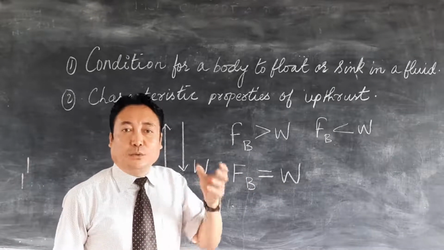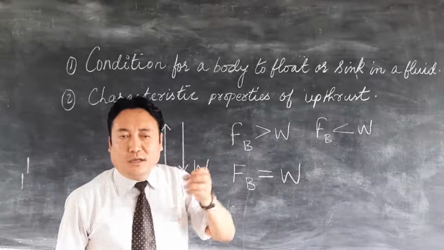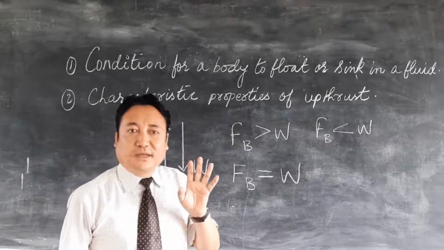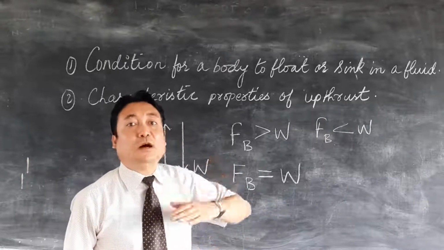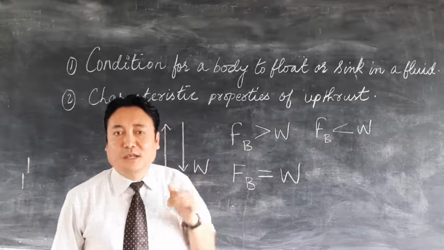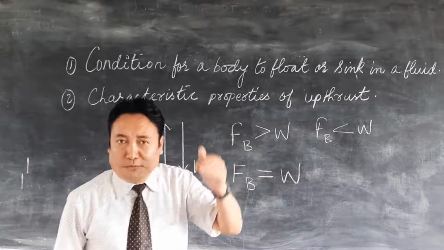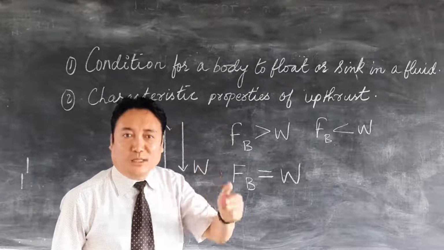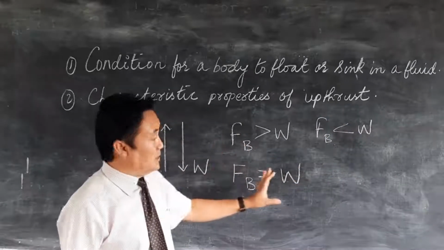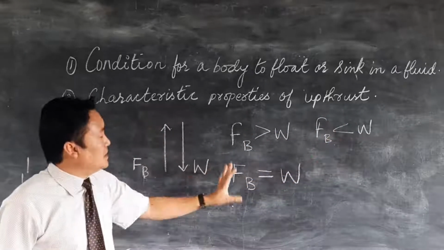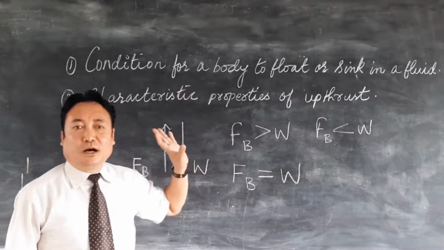Because the weight of the stone or coin is greater than the upthrust. So the upward force is less and the downward force is more. So when the downward force, or the weight of the body, is more than the upthrust, then the body will sink.